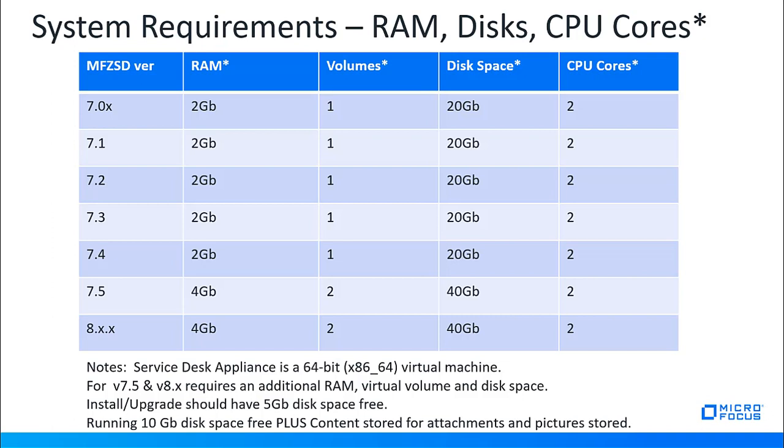So just be aware that those increases have been put in place. So as you're migrating up, you'll need to add those additional resources. There's some other comments down below. Install and upgrade should have 5 gigabytes disk-free space just to do the install and upgrade. And then when you're running, 10 gigabytes disk space free, plus any content stored for attachments and pictures.